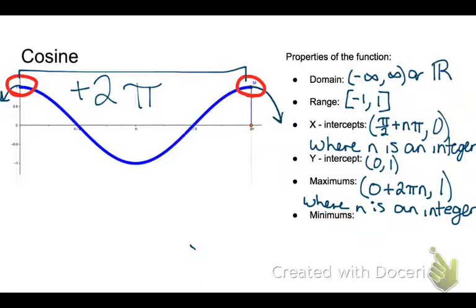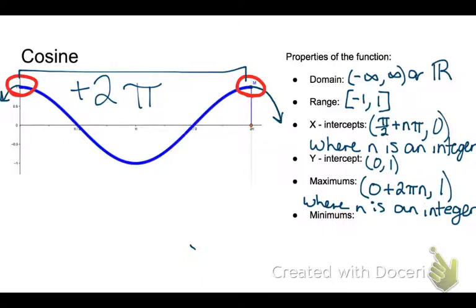So my maximums happen at every plus 2 pi. n can be an integer, so any real number. So 0 plus 2 pi times 1, 0 plus 2 pi times 2, 0 plus 2 pi times 3, so on and so forth.